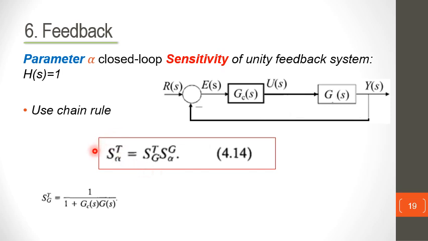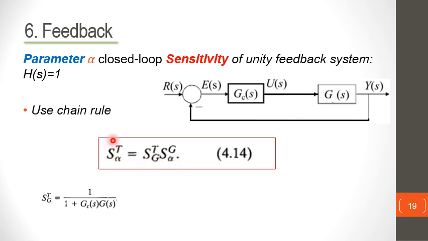The chain rule simply says the sensitivity of the closed loop transfer function with respect to a parameter alpha is equal to the sensitivity of the closed loop transfer function with respect to the forward path transfer function that we have just shown previously, multiplied by the sensitivity of the forward path transfer function with respect to alpha.